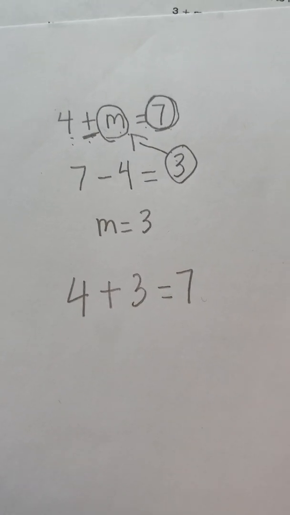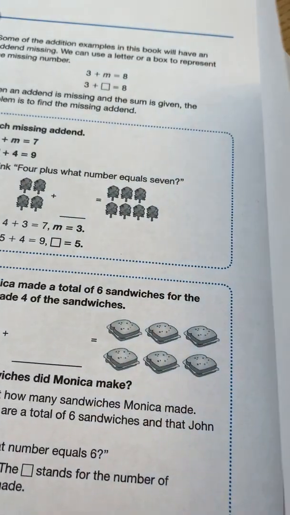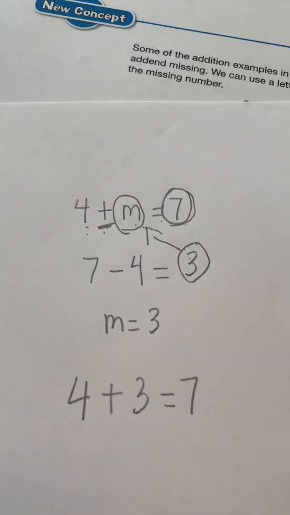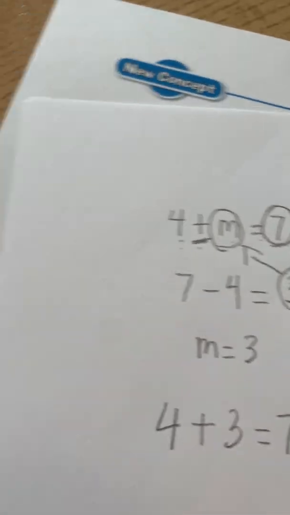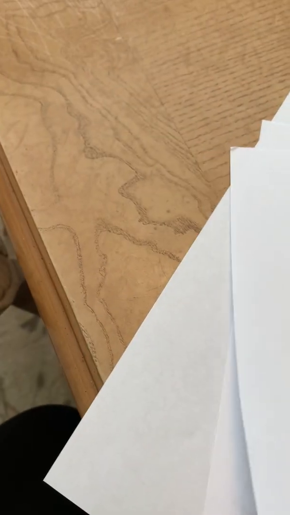Let's do one more. Let me go back to the original problem. Let me get a blank sheet of paper here. I'll just turn my paper over. So here you have your little square or box, plus 4 equals 9.